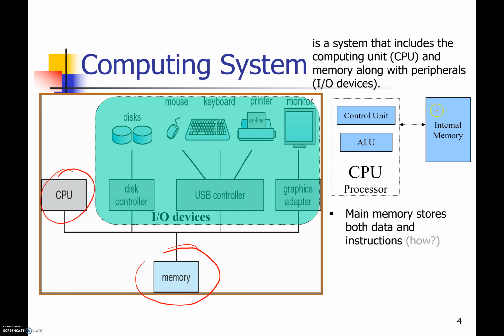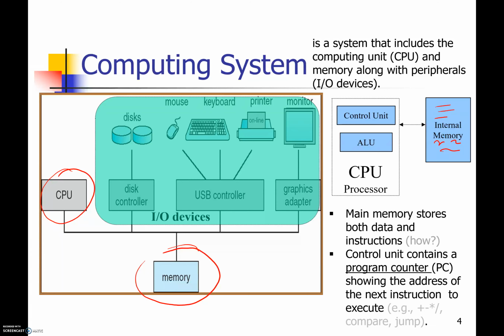Actually, the instructions are stored in the main memory. But when I'm executing instructions, I also need to process some data, right? Like some integers, some characters I need to read and modify, and all that data is stored here as well. So now the data and the instructions are stored in the main memory.